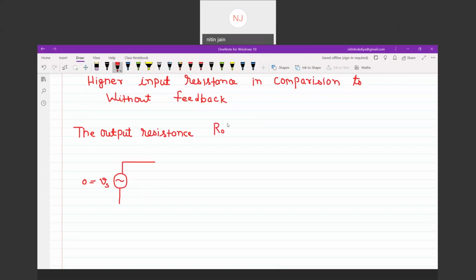Output resistance is the resistance by making Vs equivalent to 0. Then we are having what? This is Ri.